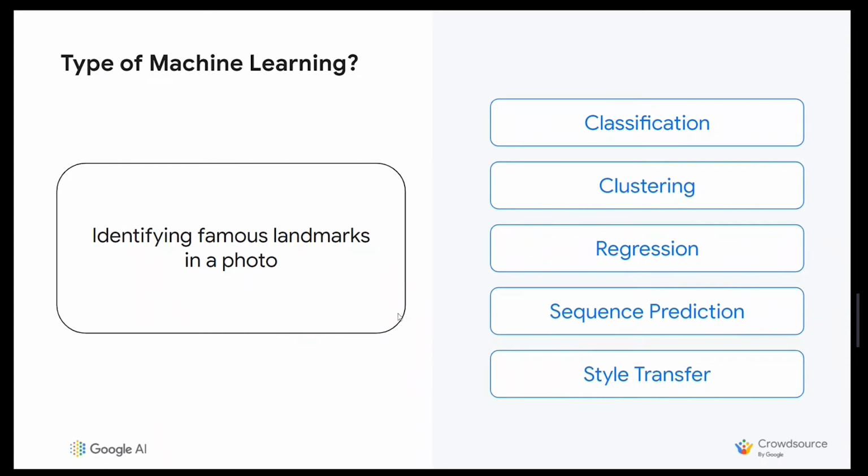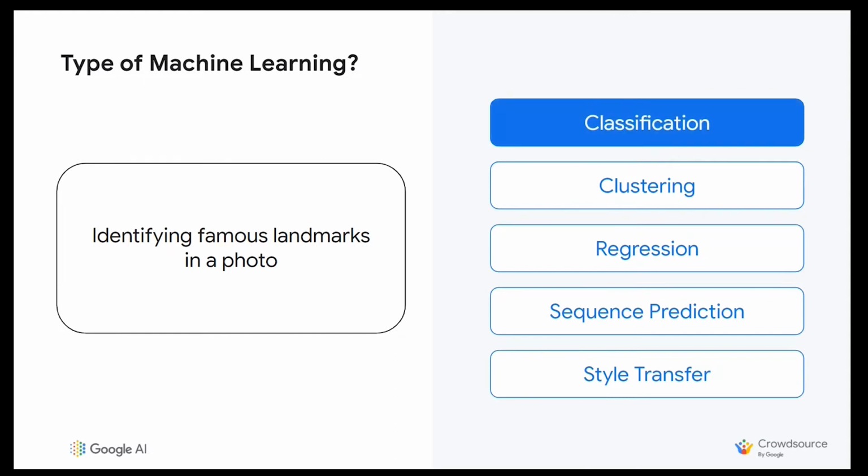Sequence prediction. Okay, any other type of algorithm that can be used? Okay, so the answer for this is classification. It is classification because you have a limited number of famous landmarks, and any other algorithm wouldn't be classifying something.